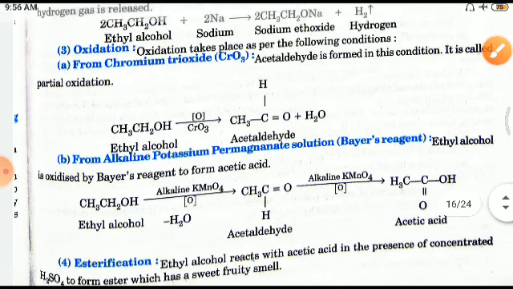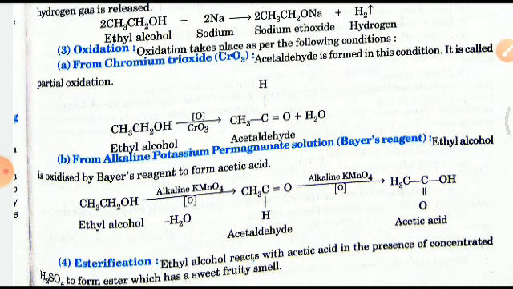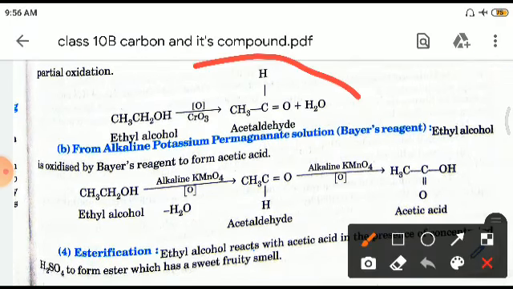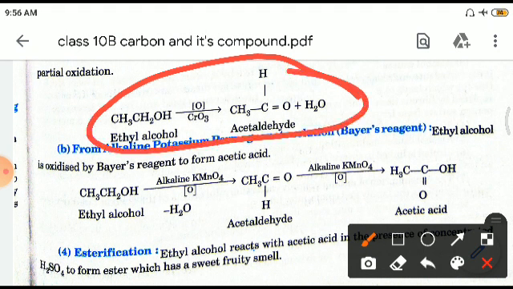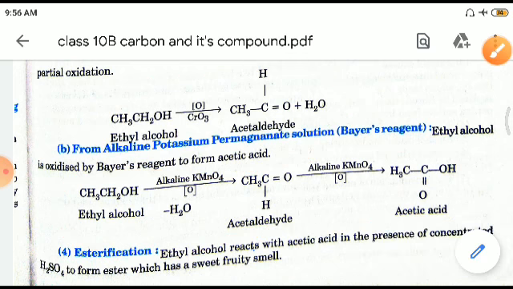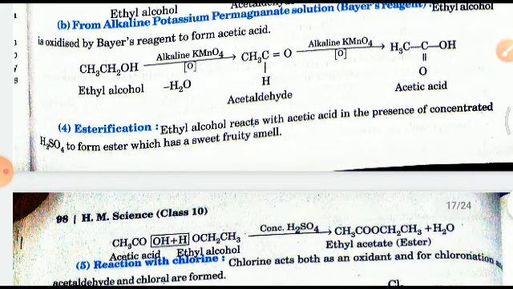Then with alkaline potassium permanganate, see, in the first one there was a controlled oxidation. Here one step ahead is being moved, resulting in the formation of acetic acid, right, with potassium permanganate solution.